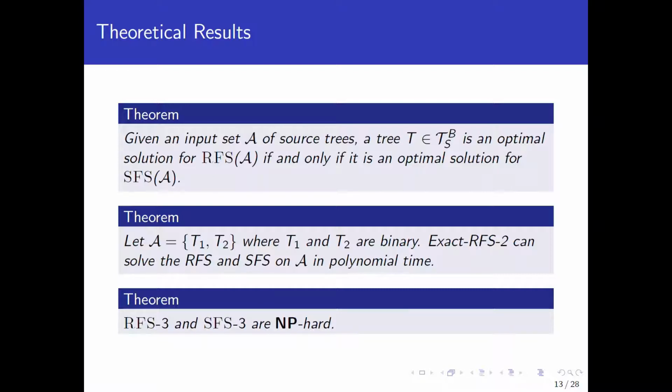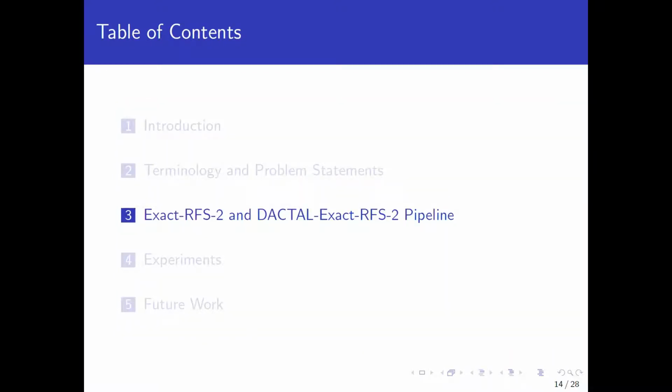We also have a hardness result that states that the Robinson-Foulds supertree and split-fit supertree problems on three source trees are NP-hard. Next, we present our algorithm Exact RFS2 and a divide and conquer pipeline that uses this algorithm.